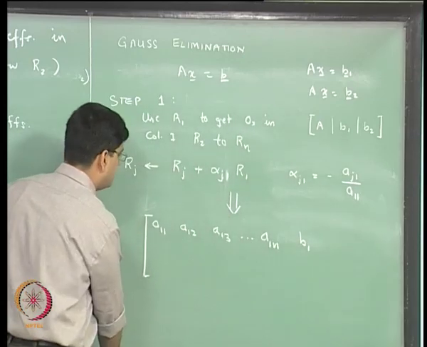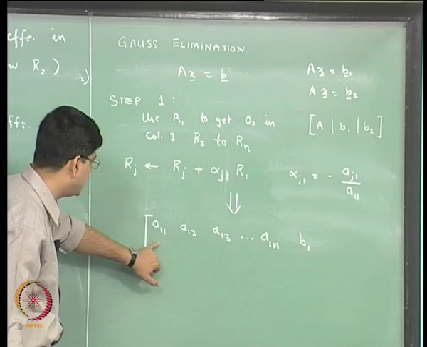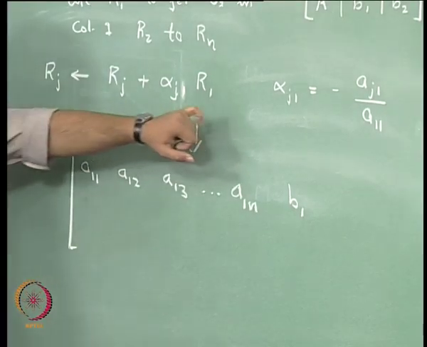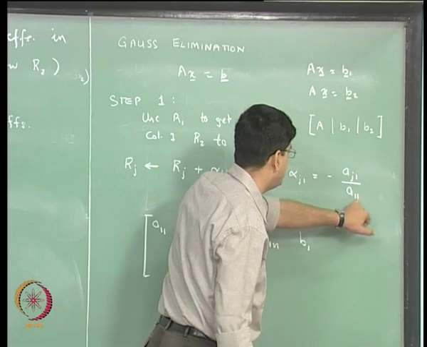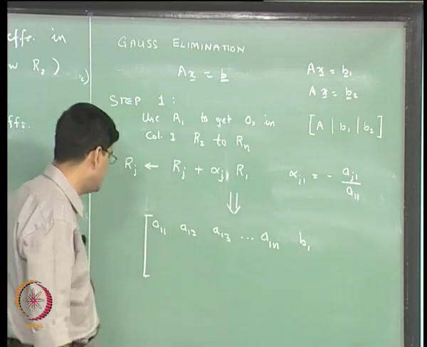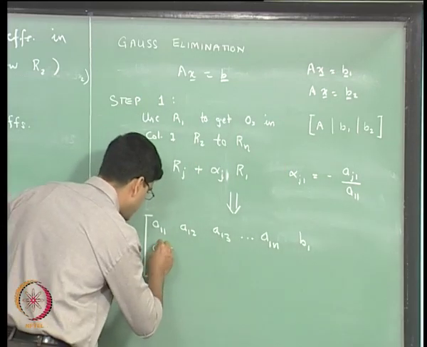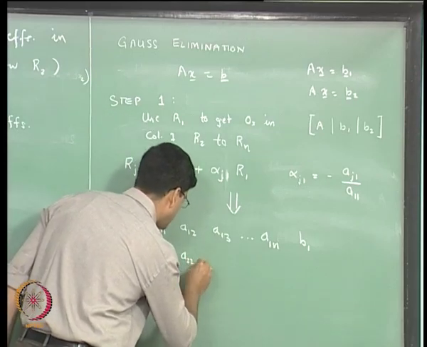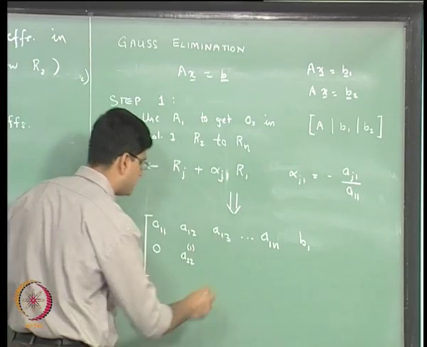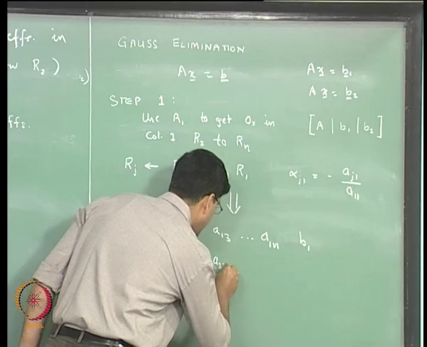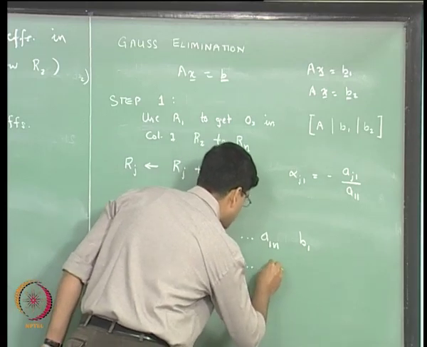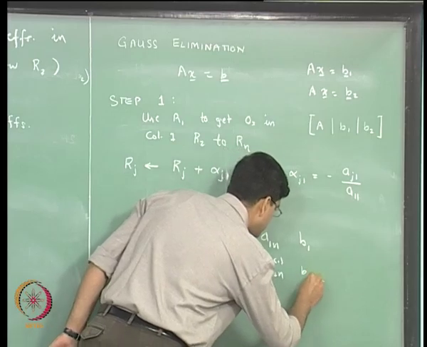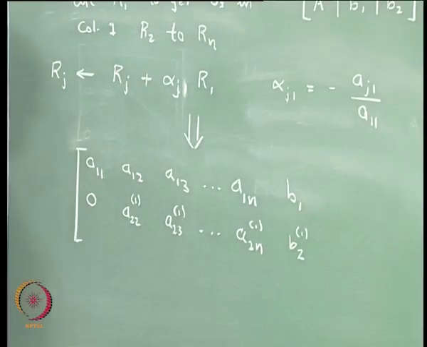Our second row is going to be, we will get 0 at this location, we do not have to compute that, simply by using Aj1 divided by A11 we are going to get 0 over there. So we will have 0 over here, this will be a22 after the first operation, a23 after the first operation and so on up to a2n after the first operation, b2 after the first operation.